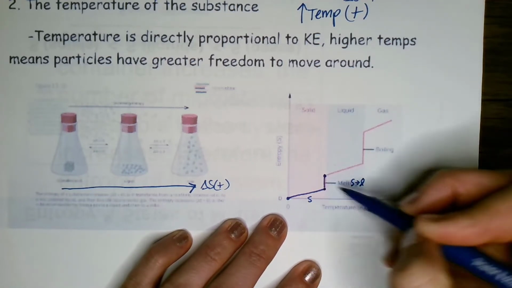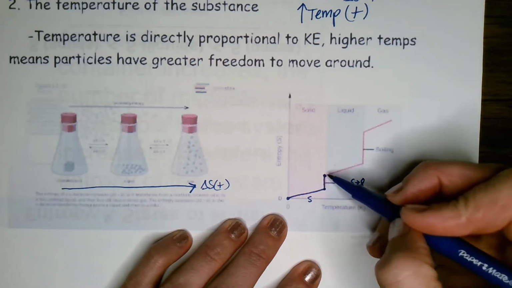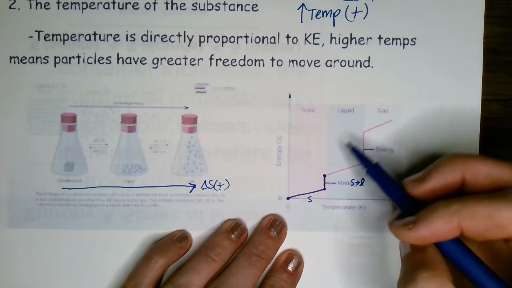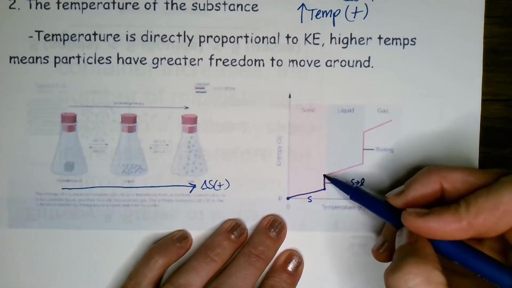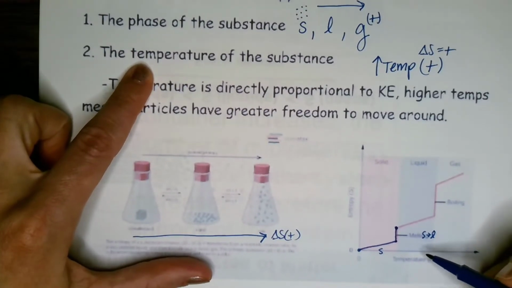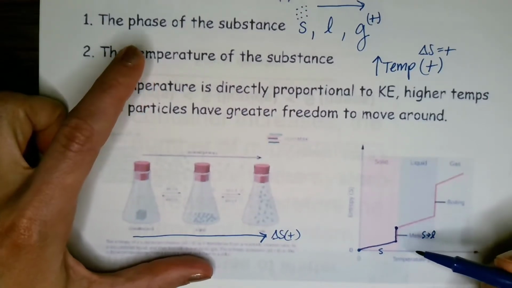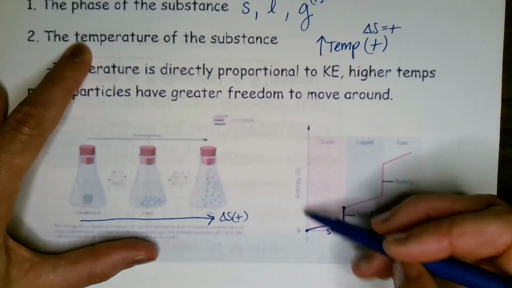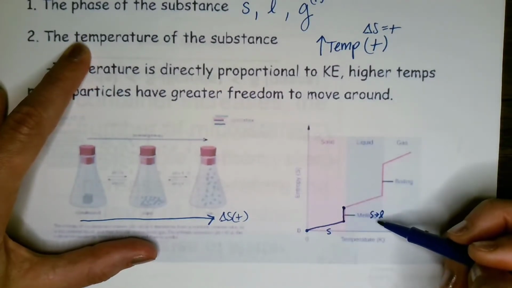However, notice that entropy still increases. Going from that solid to a liquid state, that disorganization becomes greater, even though temperature is not. So again, it doesn't mean that we can't increase entropy, even though temperature is staying the same here. Entropy is still increasing during that phase change.